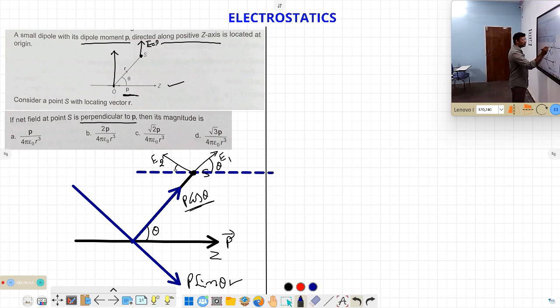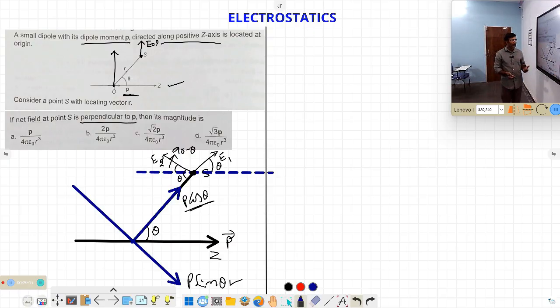E2, how much angle does it make? If we calculate geometrically, this angle becomes 90 minus theta. You can check it if you want. This is theta, so this also becomes theta, and the remaining angle becomes 90 minus theta by using the adjacent angle concept.